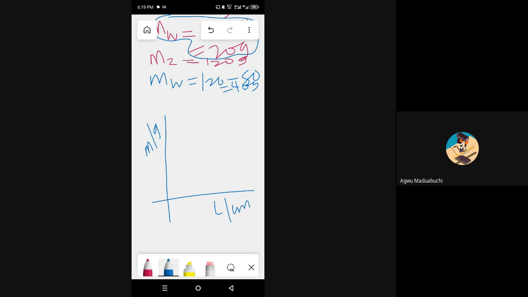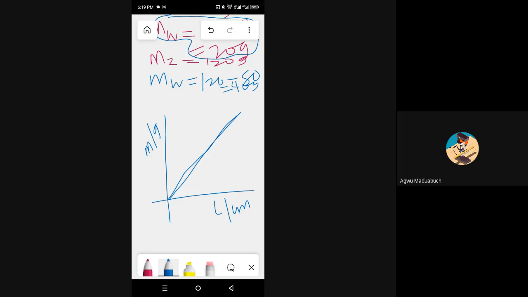Yes. Is it going to give us a straight line or a curve from what we have seen? A straight line graph. So is it going to be a positive gradient or negative gradient? Positive. Very good, because as the length is increasing, mass is also increasing. So it's likely a straight line graph passing through the origin.